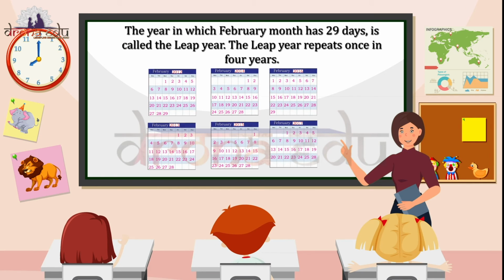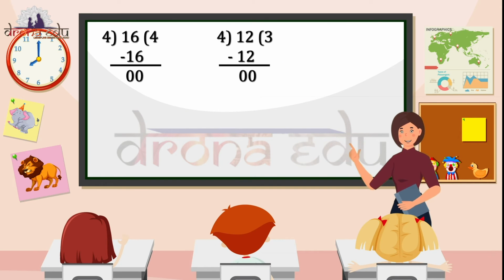Yes. So if I take the last two digits of 2012 and 2016, which are 12 and 16, and if I divide by 4, what will be the remainder? If I divide 16 by 4, I'll get 0, and 12 by 4, I'm going to get 0. So from this, what can we say?